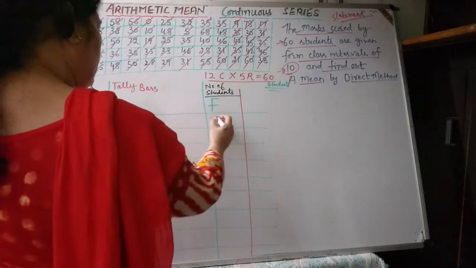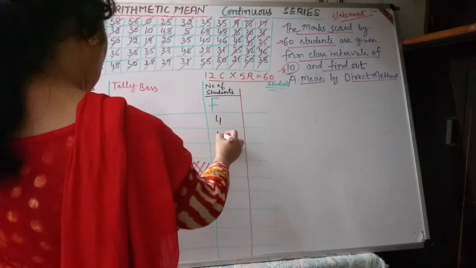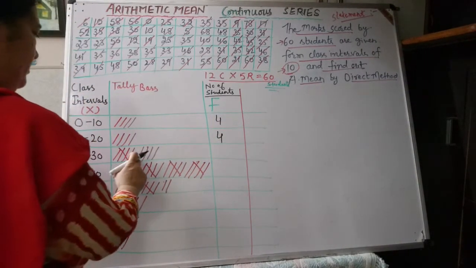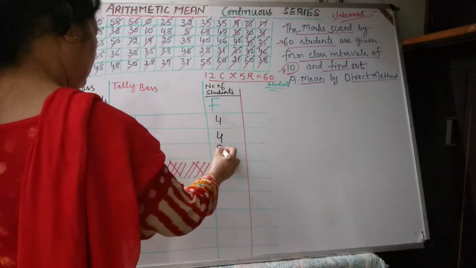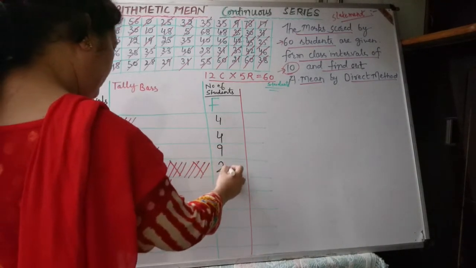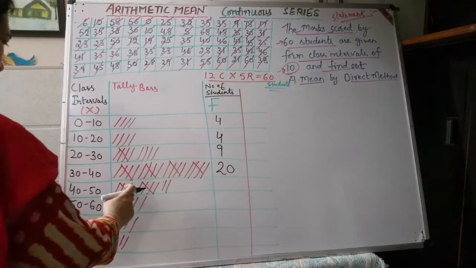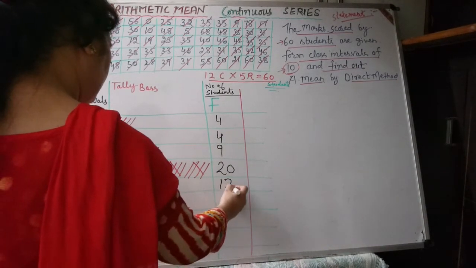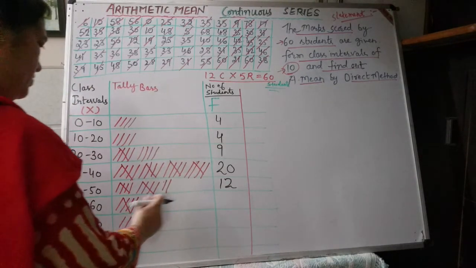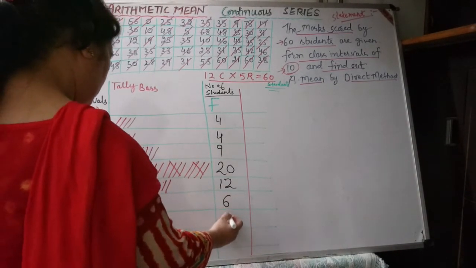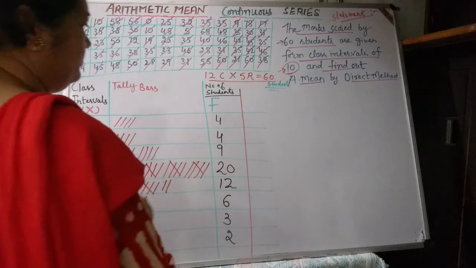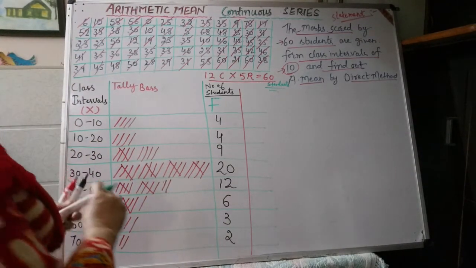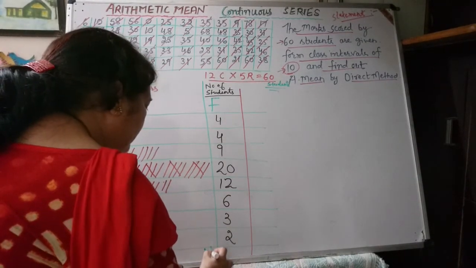Here the totals are 4, again 4, then 5, 6, 7, 8, 9. Here clearly 20 values are there, 20 students, then 5 plus 5, 10, 12, then 5 plus 1, 6, then 3, and the last one is 2. Let us count all these values.